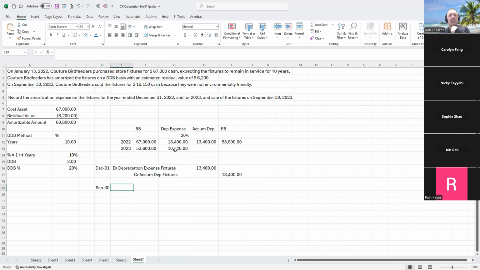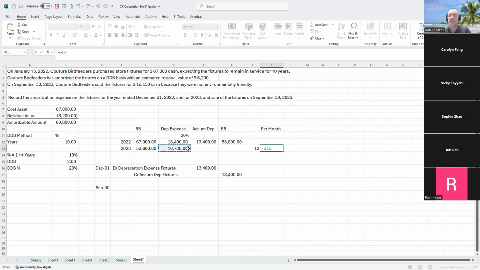Right. So what we have to do: we get this amount here, that's for 12 months. So now we're going to get the amount per month. How much will be per month, only for the second year? It will be this one divided by that one. And we're going to apply it to how many months? 9 months.